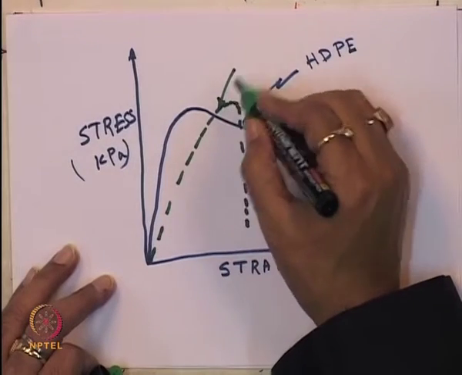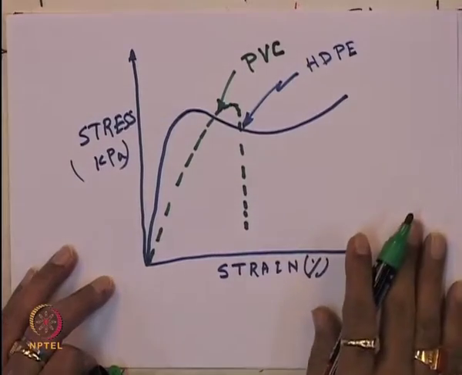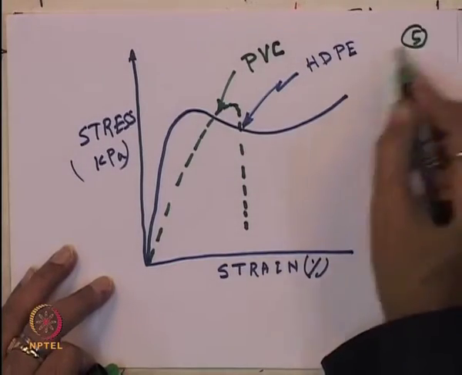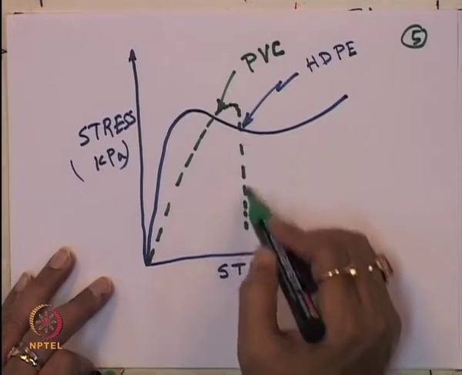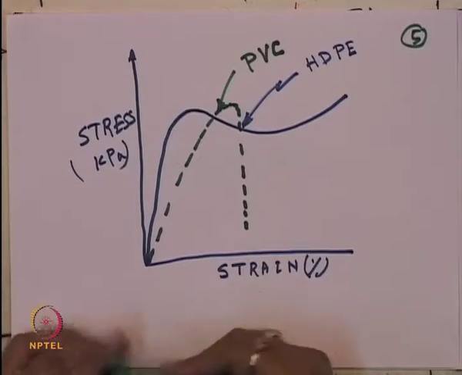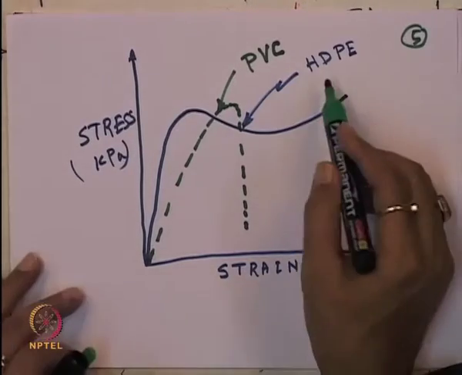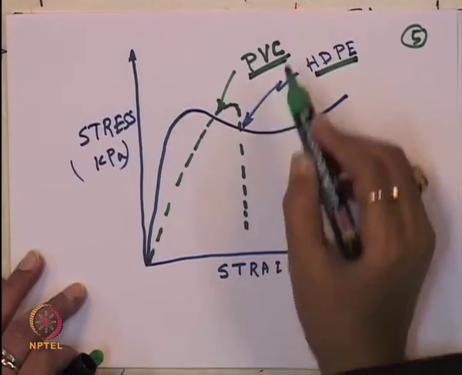So, this is the material you can call PVC, the polyvinyl chloride. This is also brittle behavior, that means it is a sudden failure. So, you can see there are two types of material, one is HDPE, another is PVC.